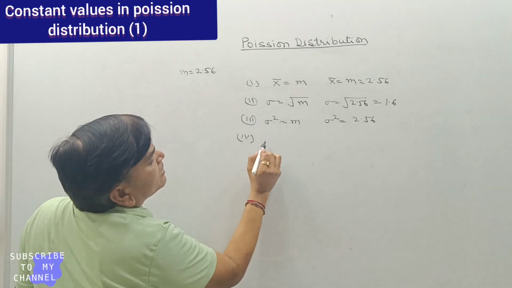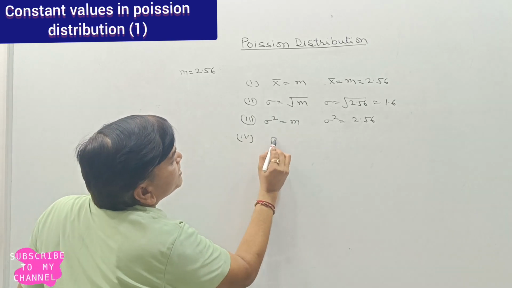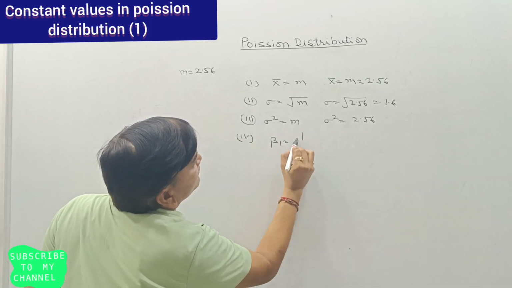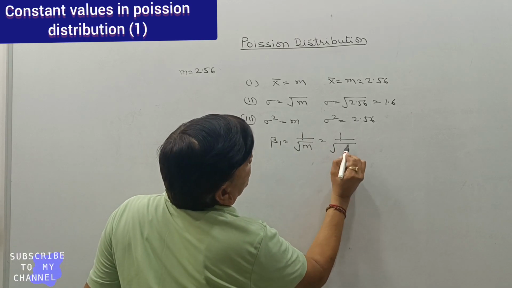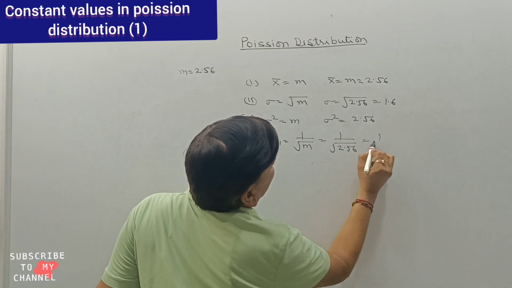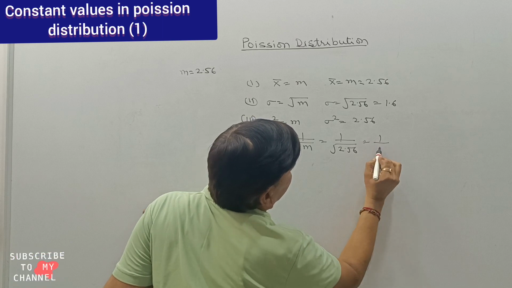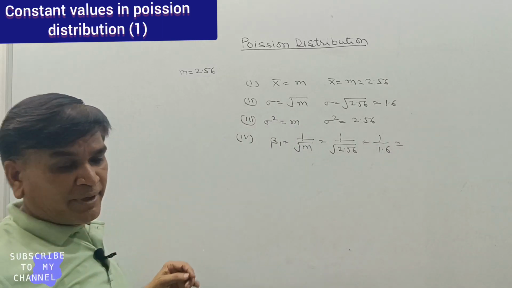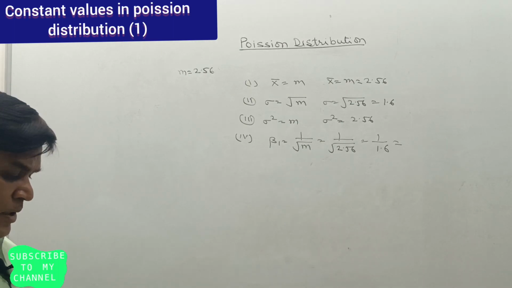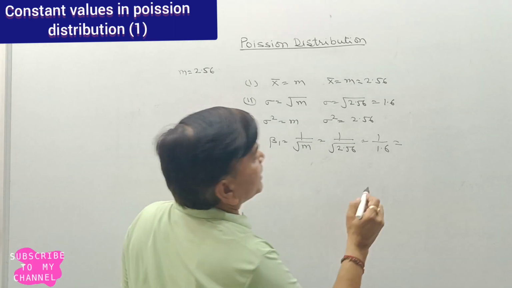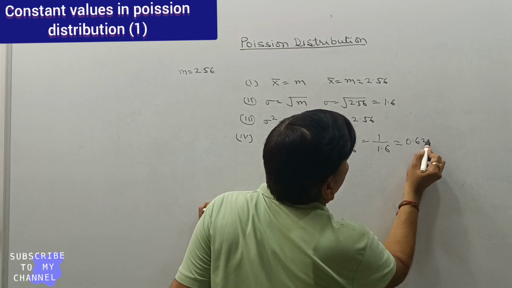Fourth measure is the measure of skewness, that is 1 upon root m. So that is 1 upon root 2.56, we write 1 upon 1.6. So 1 divided by 1.6 is 0.625.